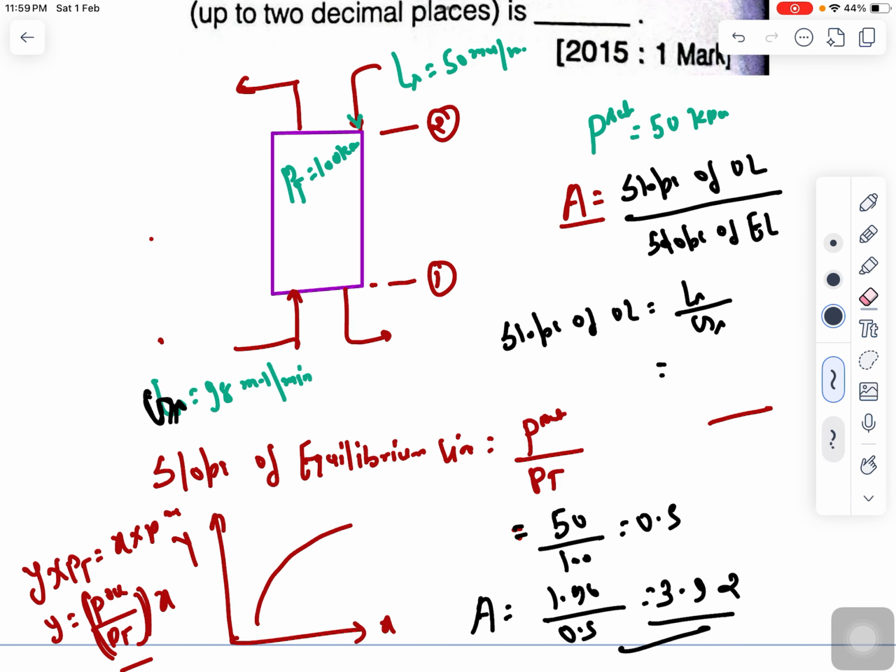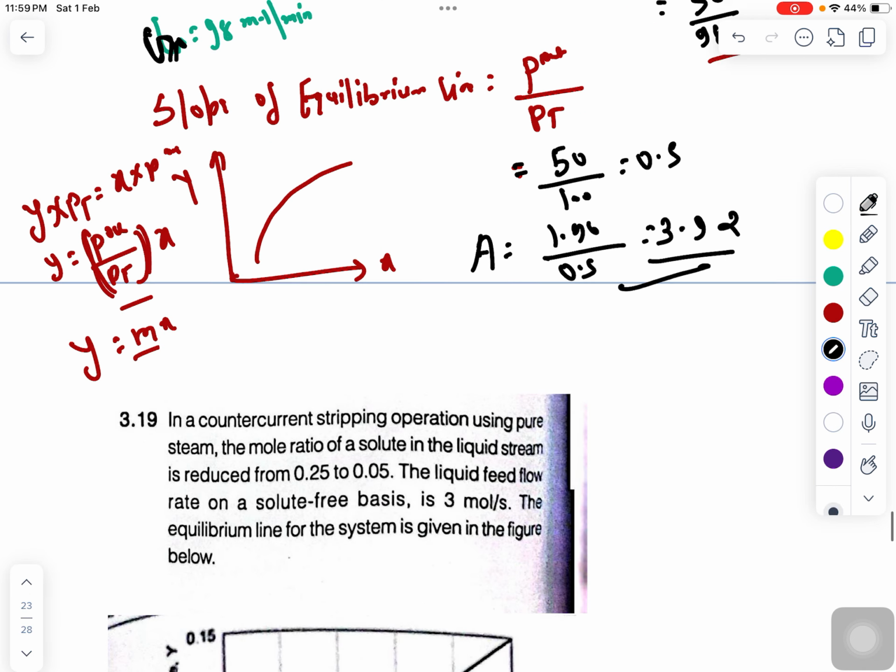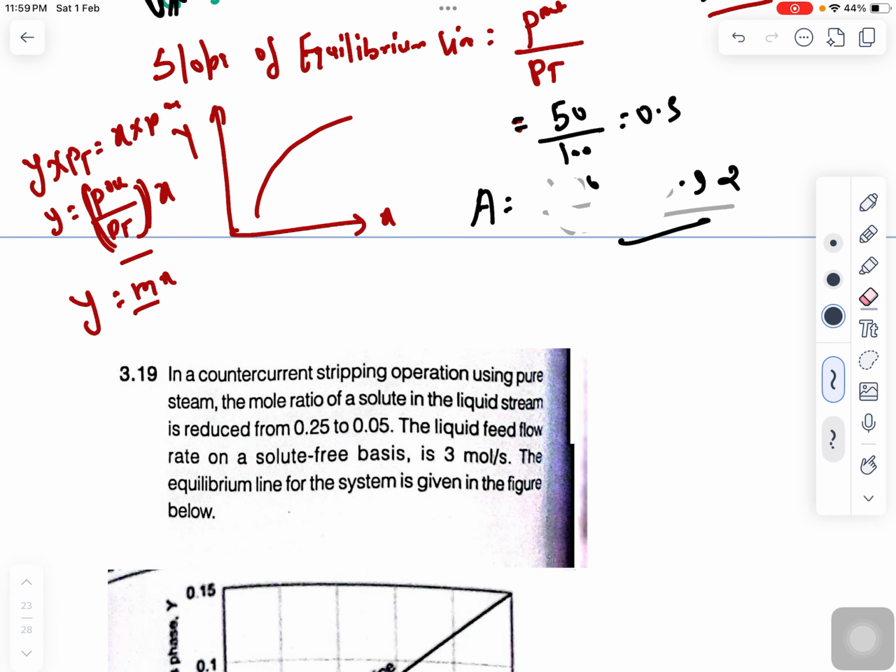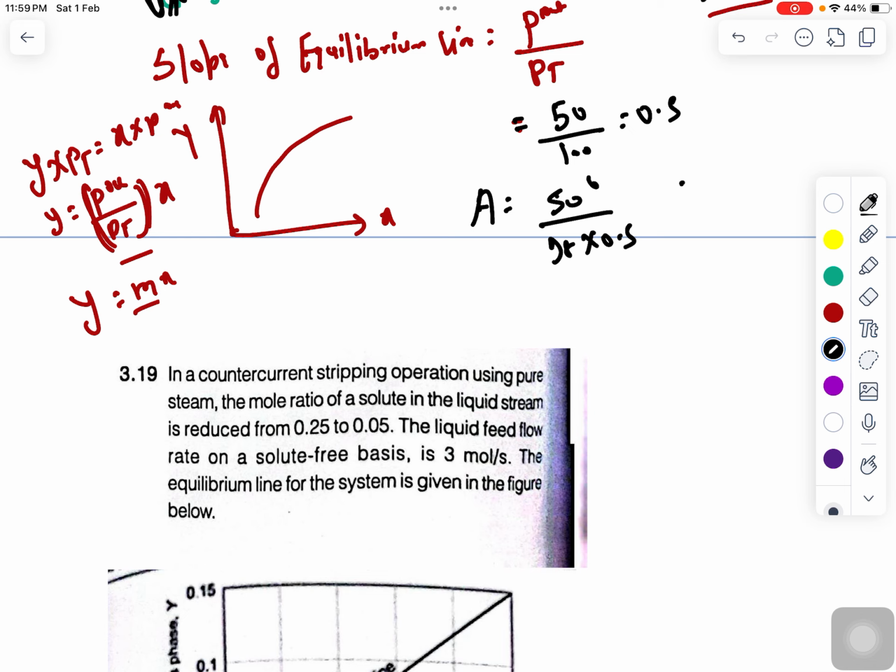So here this will be the opposite. So that will be equal to 50 by 98. Okay, so now I'll be substituting these things here: 50 divided by 98 multiplied by 0.5. That will be 100 divided by 98. If you calculate, this value will be 1.0.